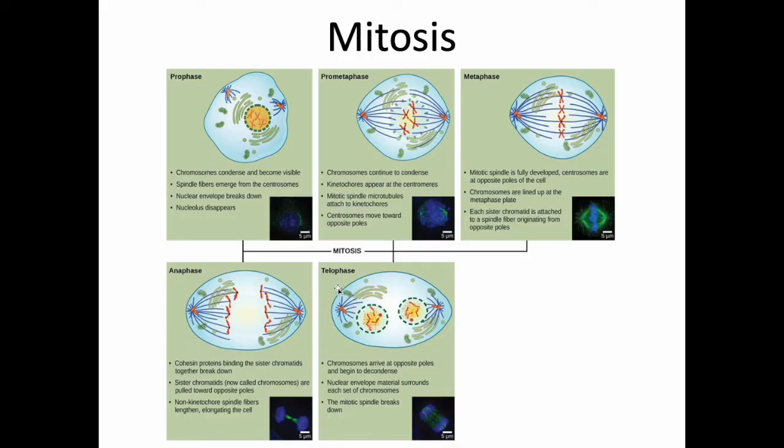Mitosis is a process of nuclear division. We start off with one nucleus. It's got replicated chromosomes. By the time we're finished with mitosis, we have one cell, but there are two nuclei, each with a non-replicated or complete set of chromosomes. We've divided the nucleus. We have not divided the cell.